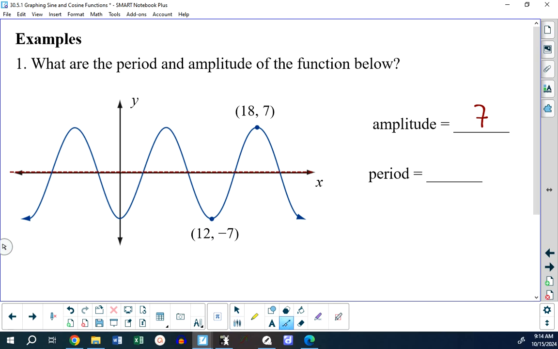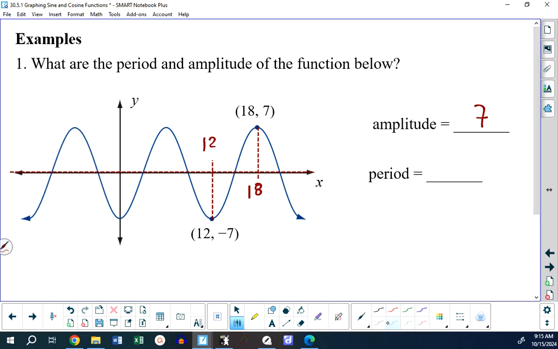Well, when we take a look at this x-coordinate being 12 and this x-coordinate being 18, horizontally it's 6 units. This isn't measured in terms of pi. These are radians, though, because I don't see a degree symbol. It's 6 radians from that minimum to that maximum, but that's only half the period. Right?